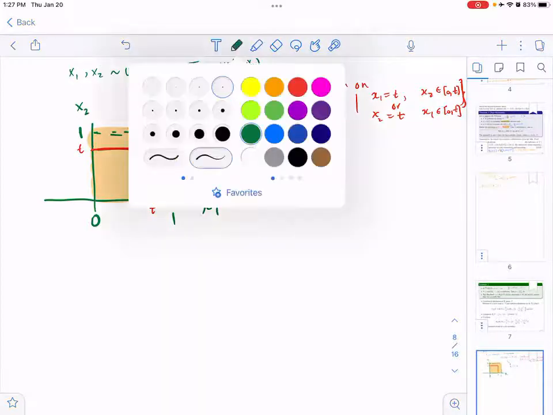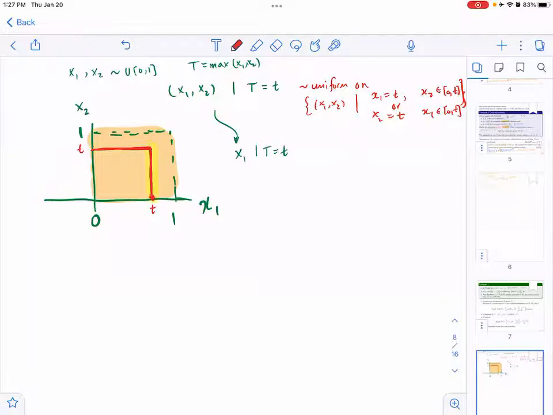Okay, so everything here is going to collapse to t, and the rest is going to collapse to this part. So because things are uniform, one half of the mass is on this and one half is on this. So this entire one half of mass is going to be concentrated at this point. The rest of the one half is uniformly distributed here.